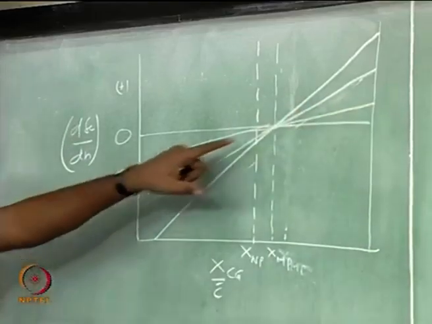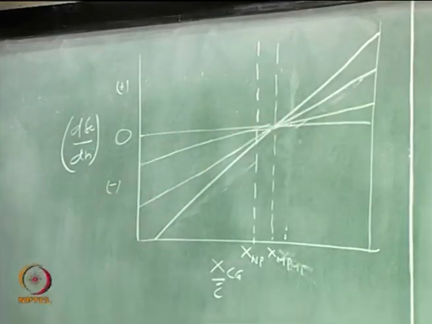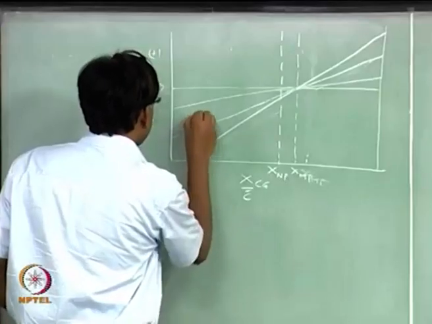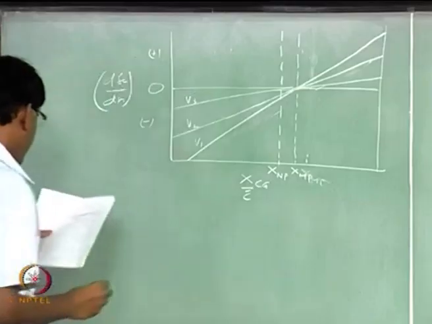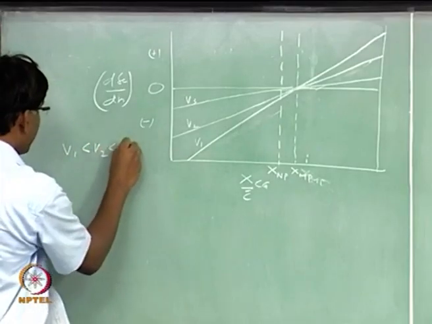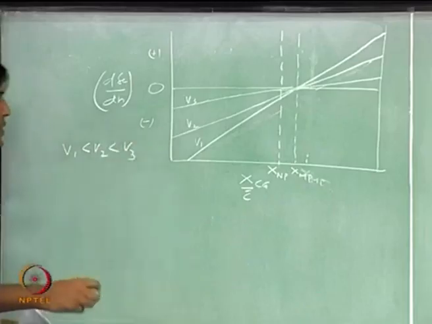So, all of them actually pass through this point, okay, for different trim speeds, and these are V1, V2 and V3. V1 is less than V2 and V2 is less than V3.